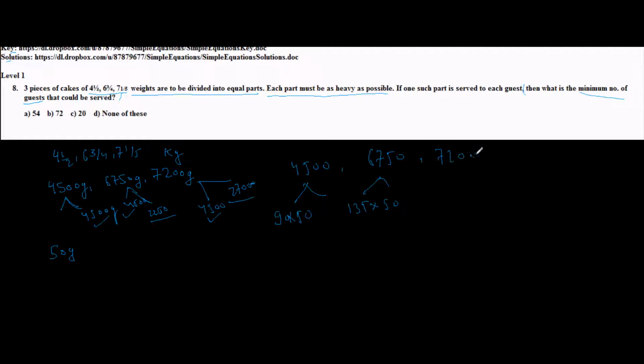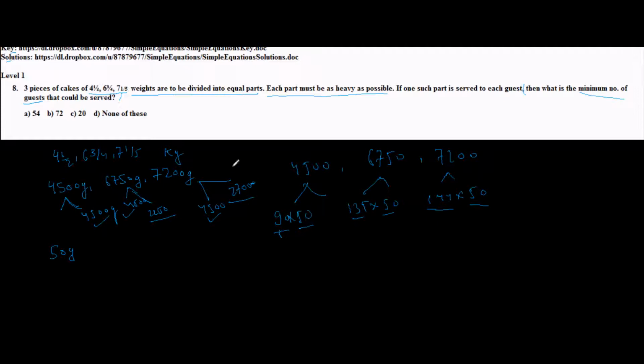And 7200 will give me 144 parts of 50 grams. Yes, now we have been able to divide them in equal parts. But then 90 parts plus 135 parts plus 144 parts, that's a pretty high number.